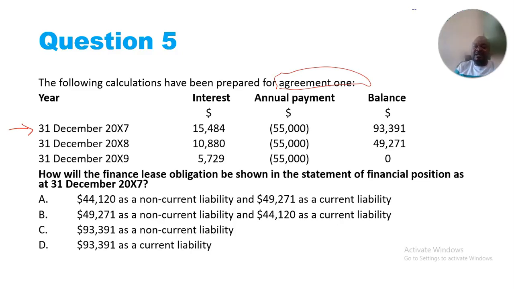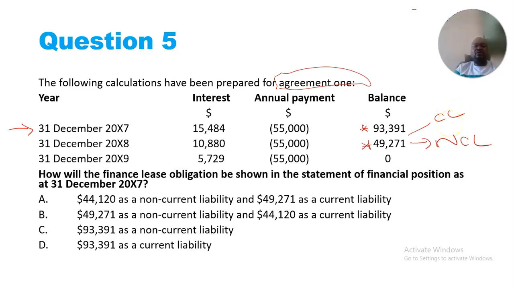So it's very simple. This is the 2008 closing figure. This one is our non-current liability. And for us to get the current liability, we have to take the closing for 2007, this sum, minus the closing for 2008, and the difference should be the current liability.